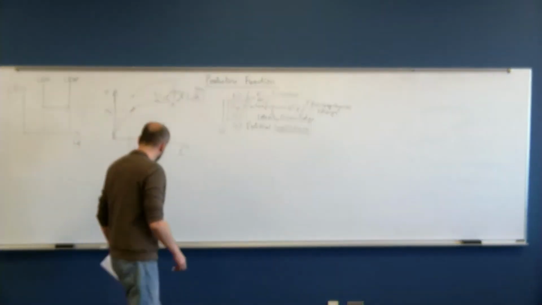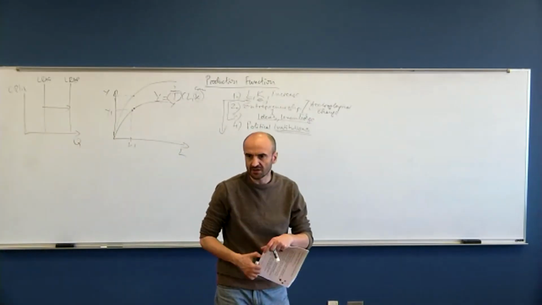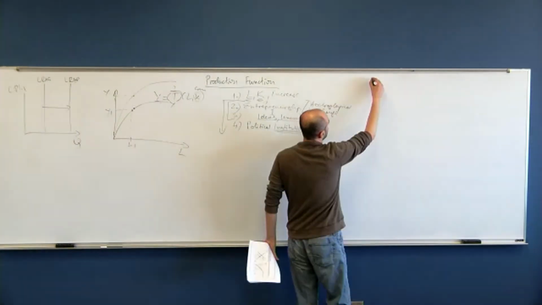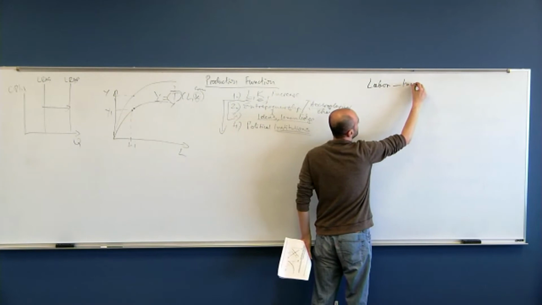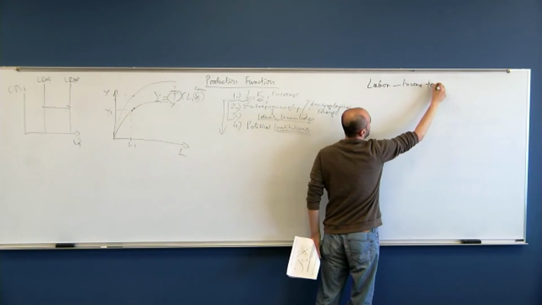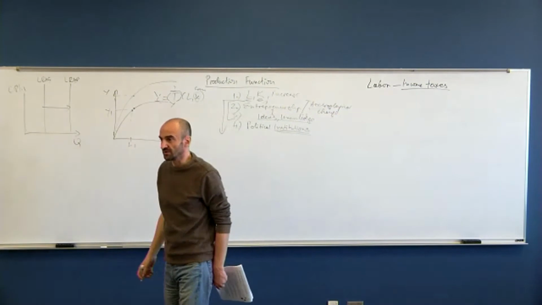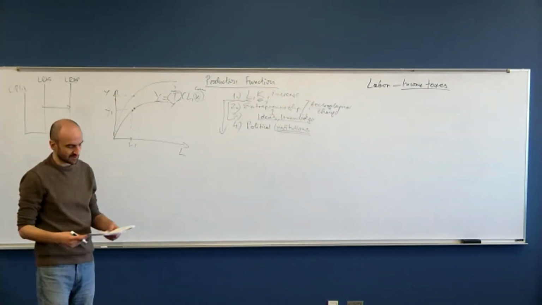So when it comes to labor, the most obvious one would be changes in the tax structure, where income taxes are a major reason for a change in the amount of labor that will be provided in society.